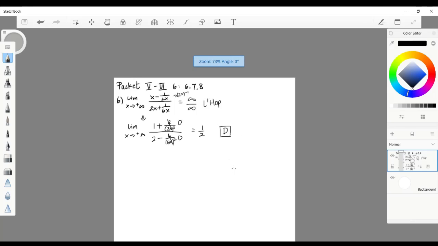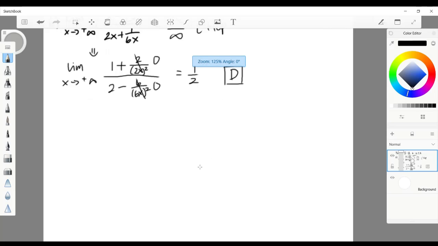Alright, number 7. If the line y equals 4x plus 3 is tangent to the curve y equals x squared plus c, then find c.